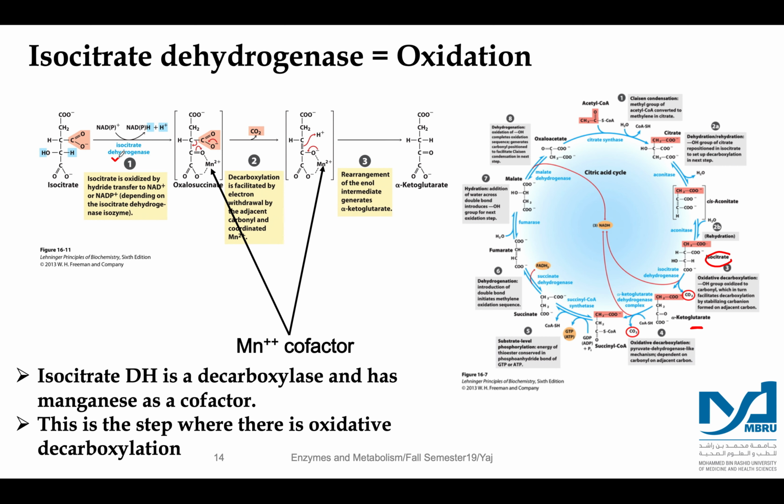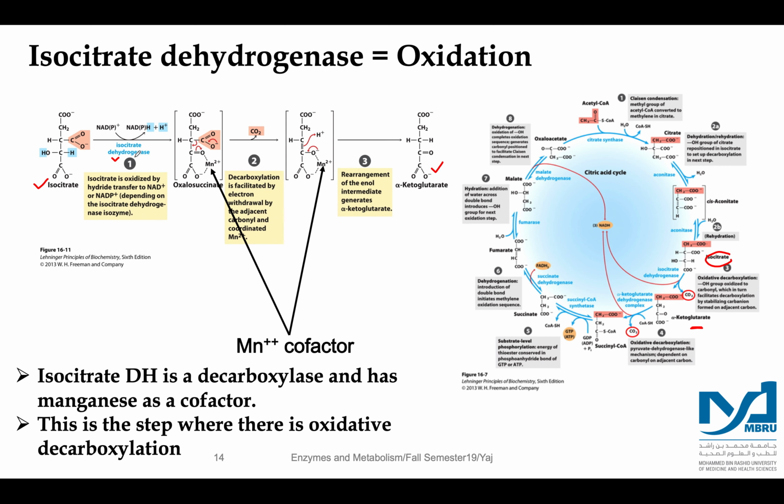What you need to know, of course, is if that process requires a specific cofactor and what is the enzyme or the type of enzyme involved in the process. So in this particular step, we have isocitrate dehydrogenase catalyzing the conversion of isocitrate through successive steps into alpha-ketoglutarate.